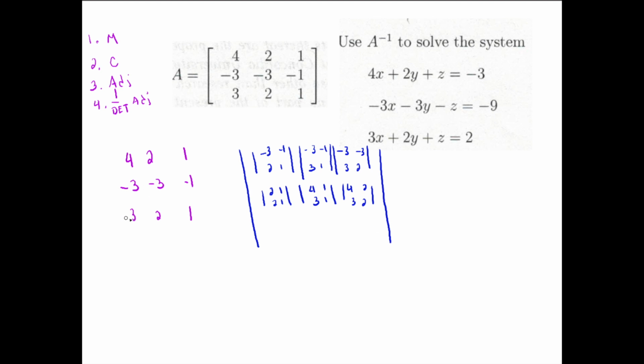Lastly, cross out the last row, first column. We have 2, 1, minus 3, minus 1. For the second one, we have 4, 1, minus 3, minus 1. And then 4, 2, minus 3, minus 3.